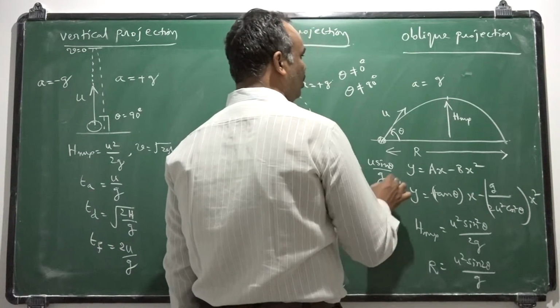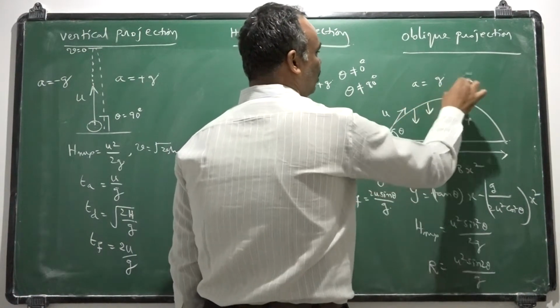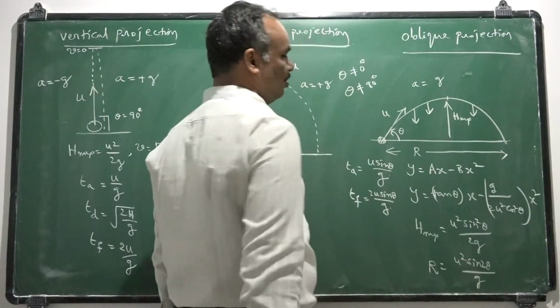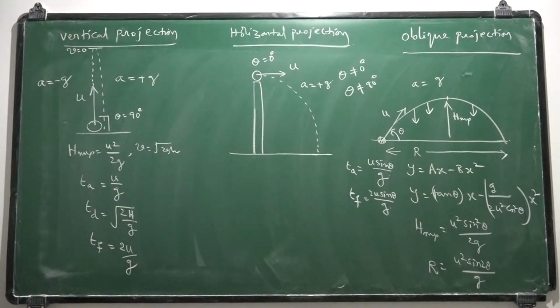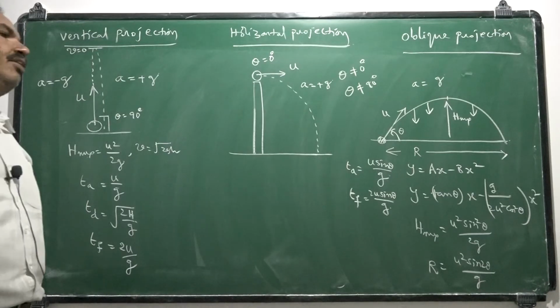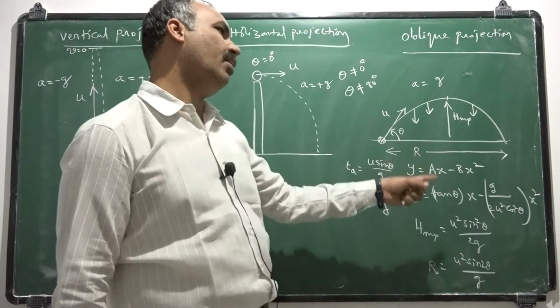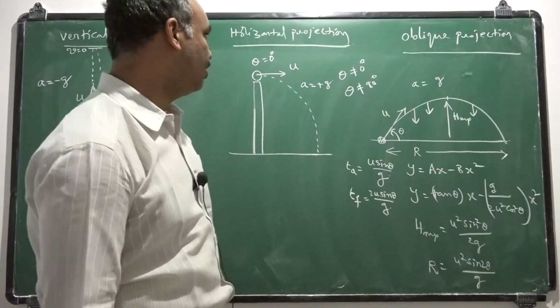Always g is having direction in the downward direction. So like that we derived various formulae. Just go through the discussion of oblique projectile and try to remember these formulae for solving problems.